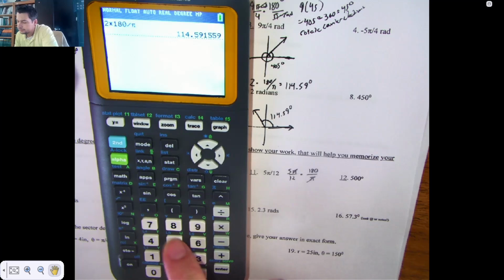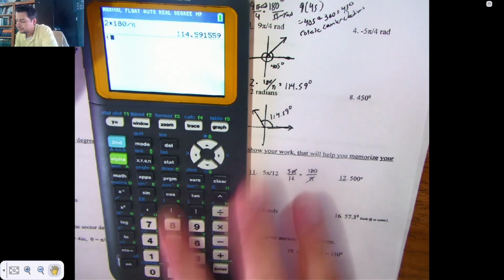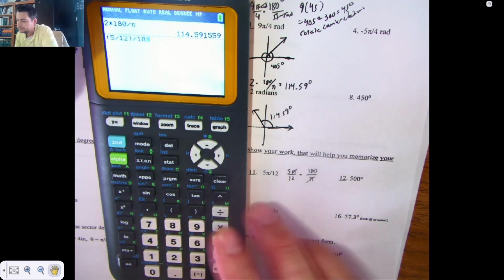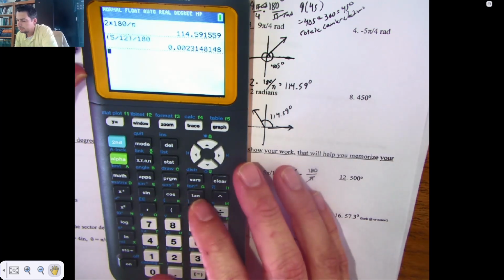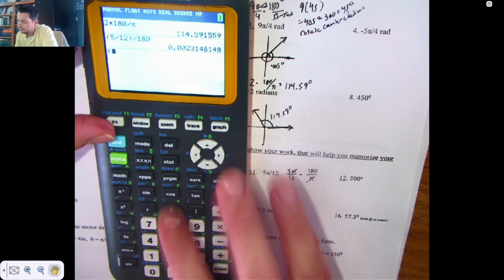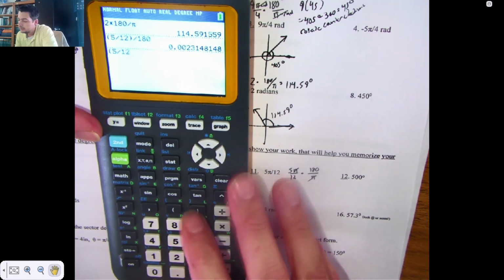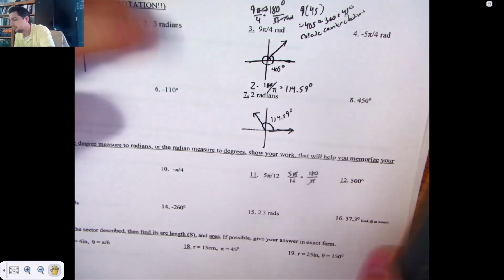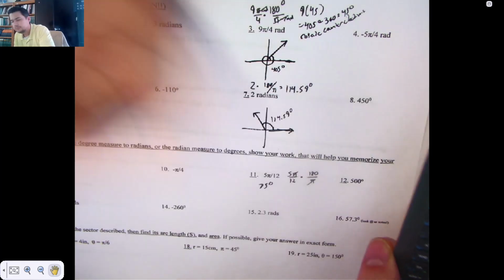Anyways, what did I have? I got 5/12 times 180 because I canceled out my pi's. 5 over 12 times 180. 75 degrees.